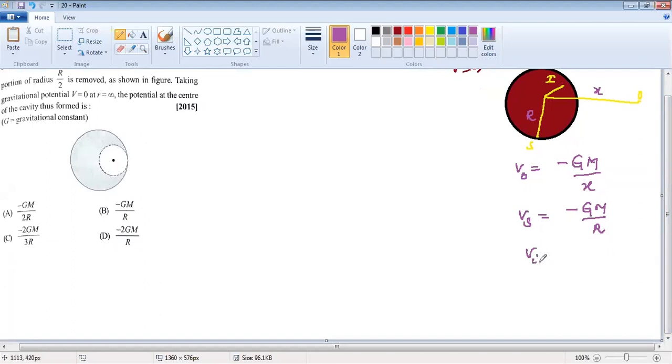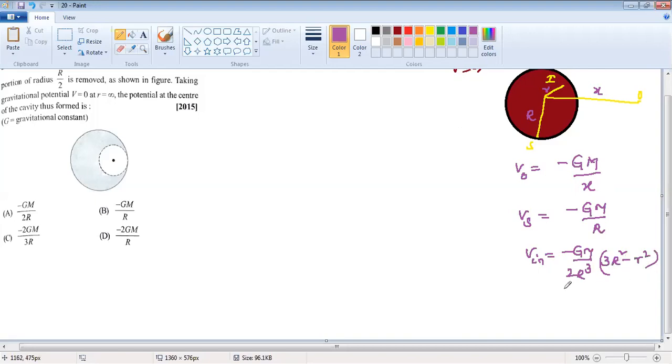Inside, this is the very, very important part. Inside, minus GM by 2r cube times (3r square minus x square), taking the inside distance as smaller here.